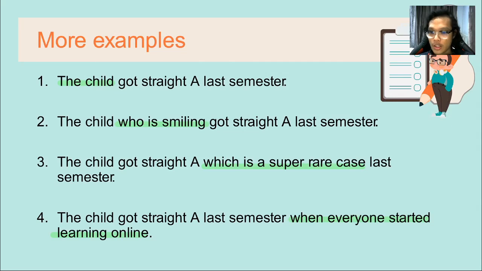Instead, we focus on what? We focus on the last semester, right? So what about the third sentence, which is a super rare case? We focus on got a straight A. Or the second sentence, who is smiling? We focus on the child.